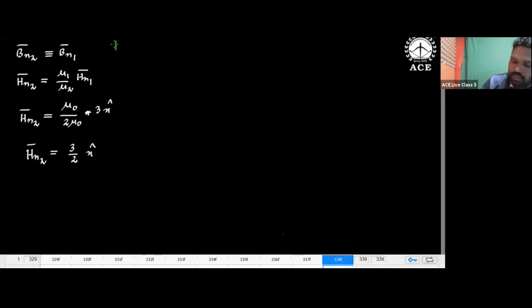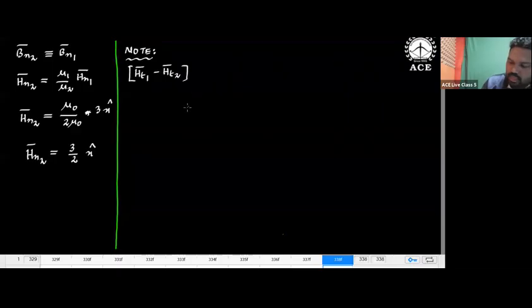But what about the tangential component? You need to recall that note I have provided. What is that note, beta? Write down one more time: Ht1 minus Ht2 cross N12 is Js. These three are orthogonal sets. What is required is this one, and I am repeating again and again.